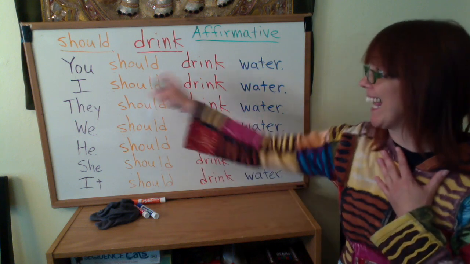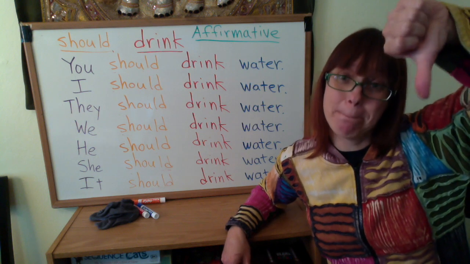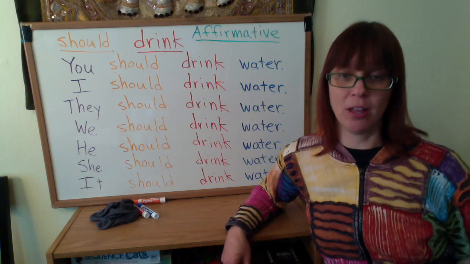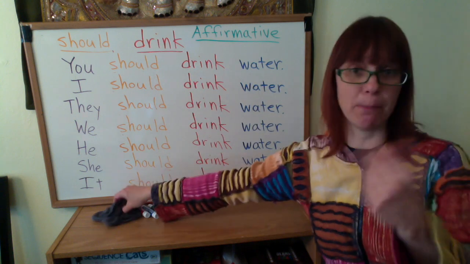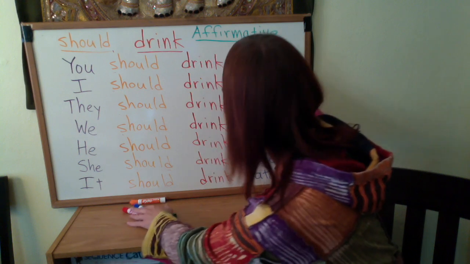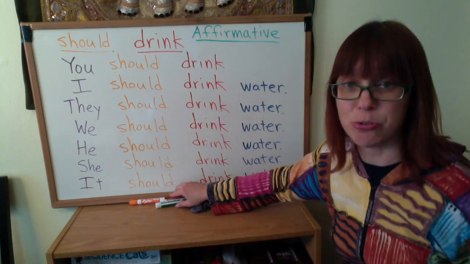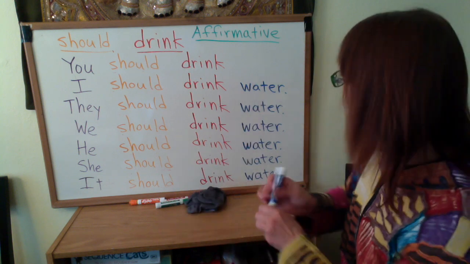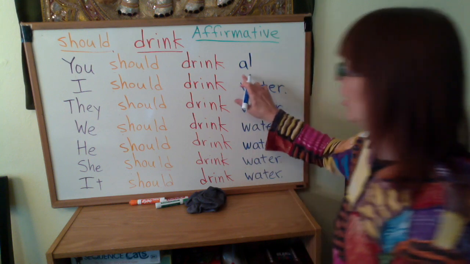How do I make it negative? Maybe I want to tell you that something is bad for you. So I want to make this negative. For example, maybe I want to tell you not to drink alcohol.